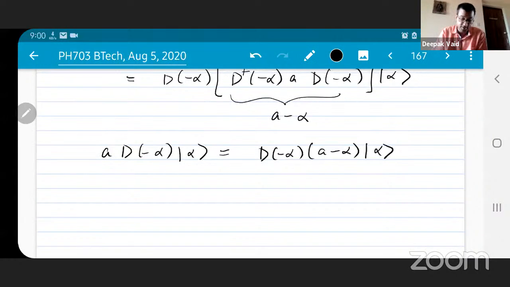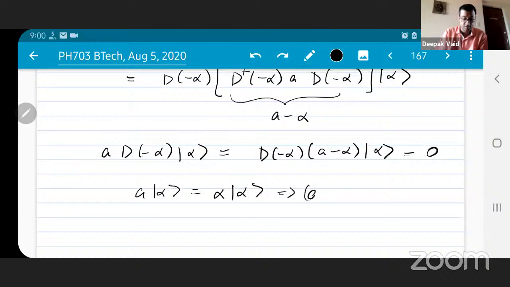And this is equal to 0 because A times alpha is equal to this. So if you take A minus alpha acting on alpha, this will give you 0.